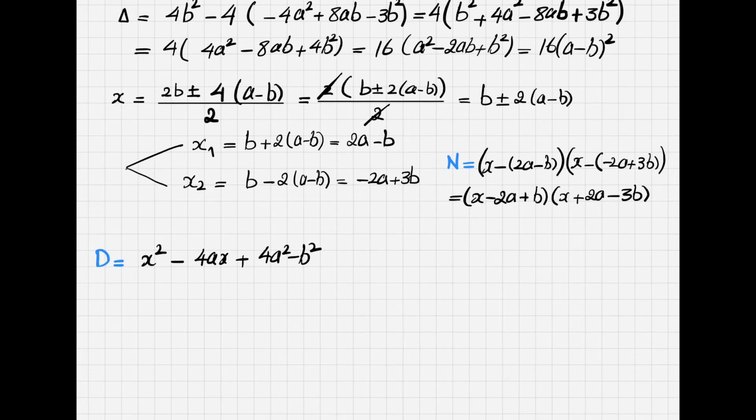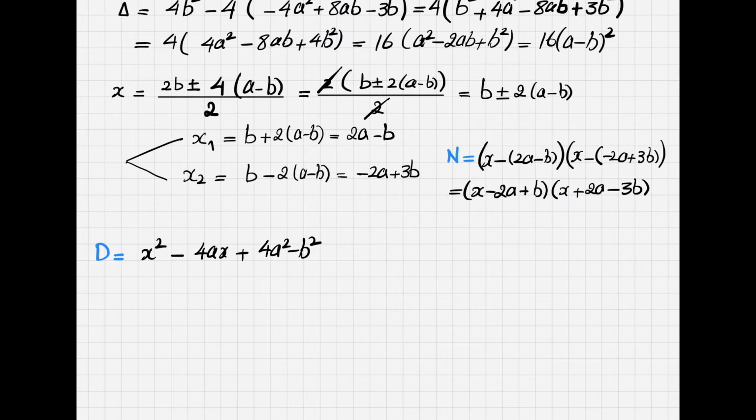Let me use the same trick, even though you can probably do it in different ways. But let me just use the same trick. So let me calculate delta for this.